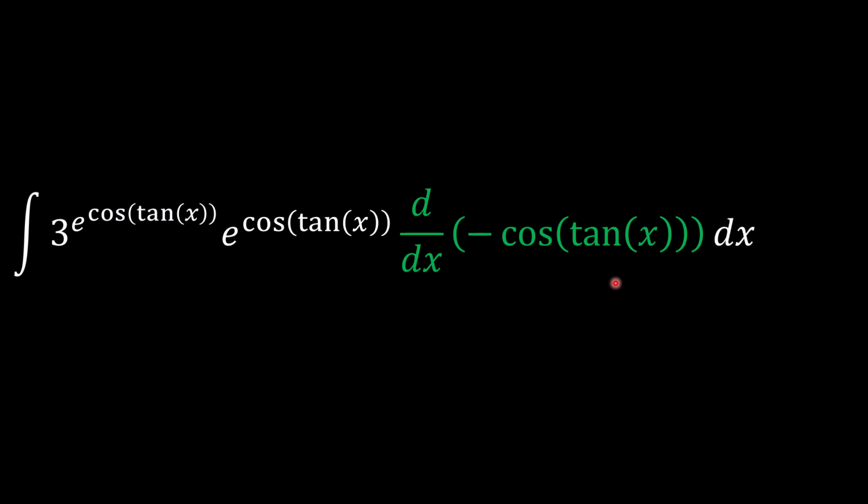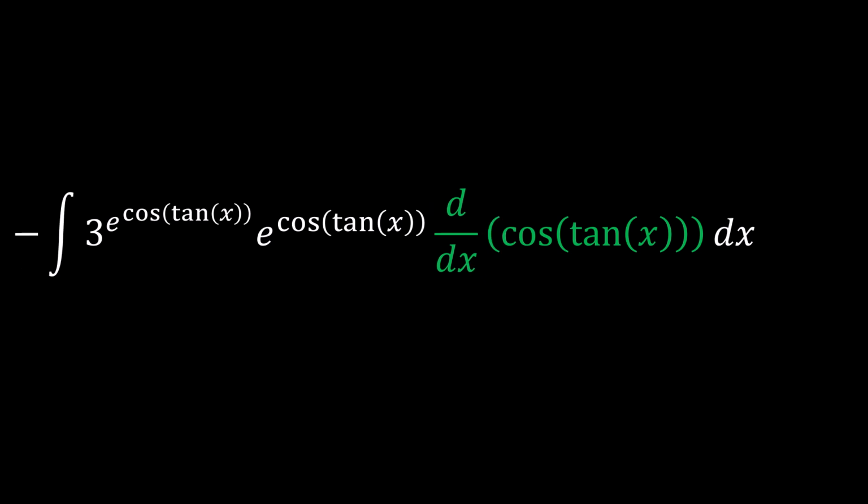So that's really good. We're making progress here. We can now push this negative sign out of the derivative function, and that means that we now have negative times the integral of e to the power cosine of tangent of x times e to the power cosine of tangent of x times the derivative of cosine of tangent of x.